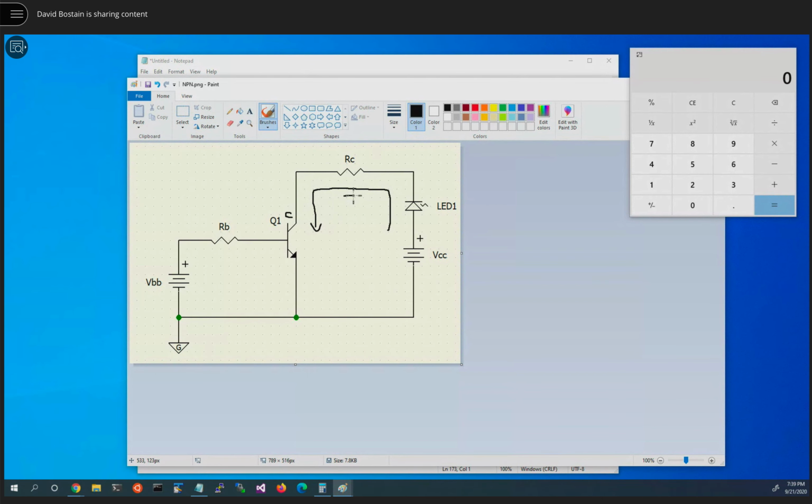This will be called IC. It's the collector current. There will be another current which flows through the base resistor, through the base-emitter. This is the base on the transistor. This is the emitter on the transistor. It will be called IB.